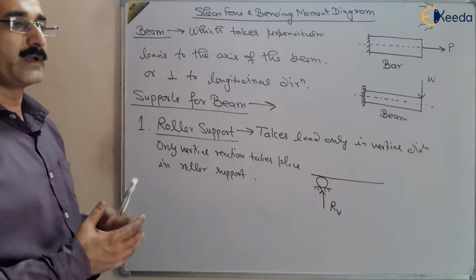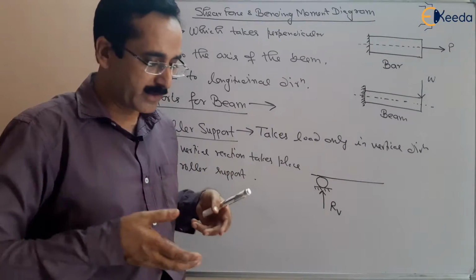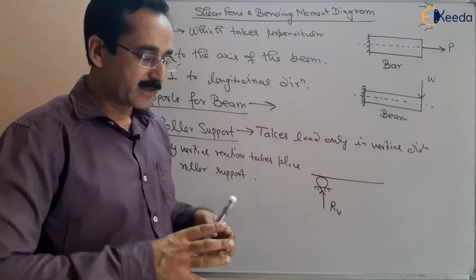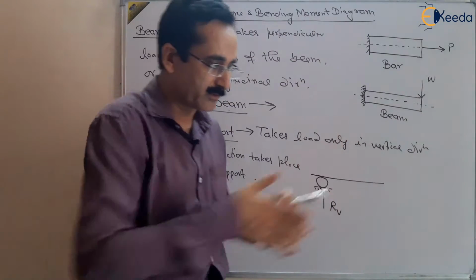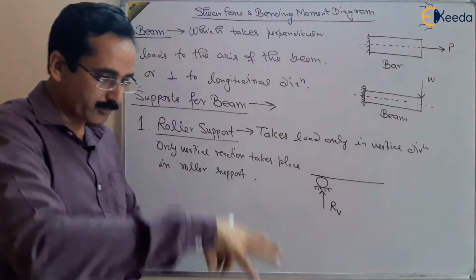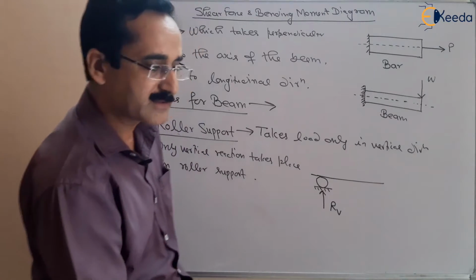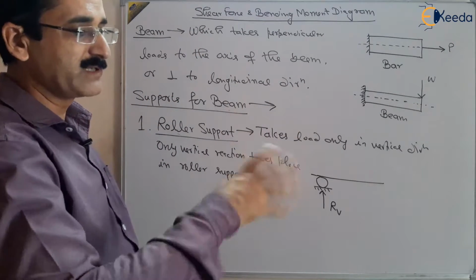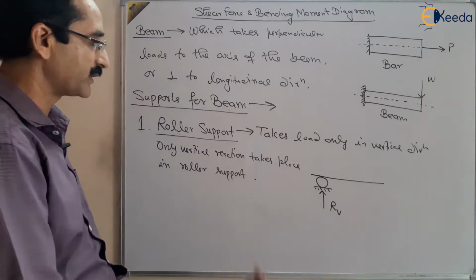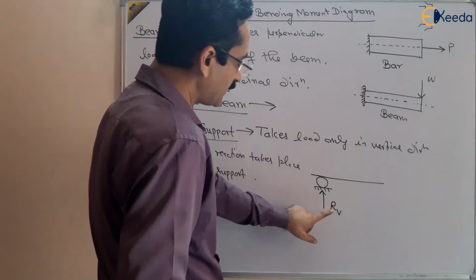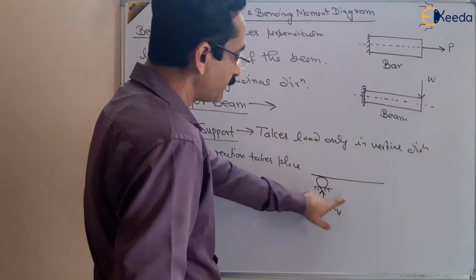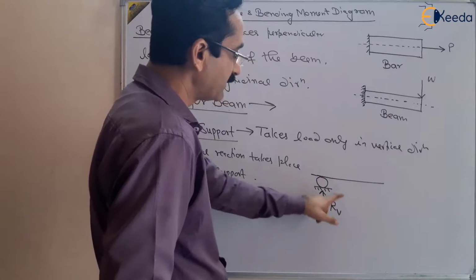You can think of a car that has wheels, and it is moving in this direction. It can move in the horizontal direction, but it cannot go inside the earth, right? Because there is reaction taken by the wheels. These wheels are basically a type of roller support, right? So roller supports are the supports which can take only vertical loads, or develop only vertical reactions.